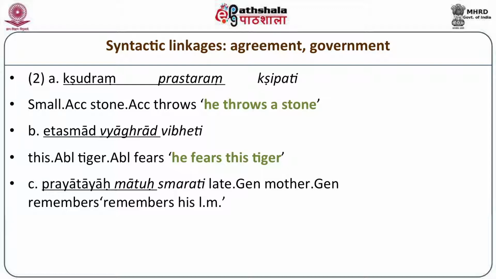Agreement also links the verb to the rest of its construction. We've shown you 3 Sanskrit verbs. Kshipati, throws, which takes an accusative object. Vibheti, fears, which takes an ablative complement. And smarati, remembers, which takes a genitive complement.